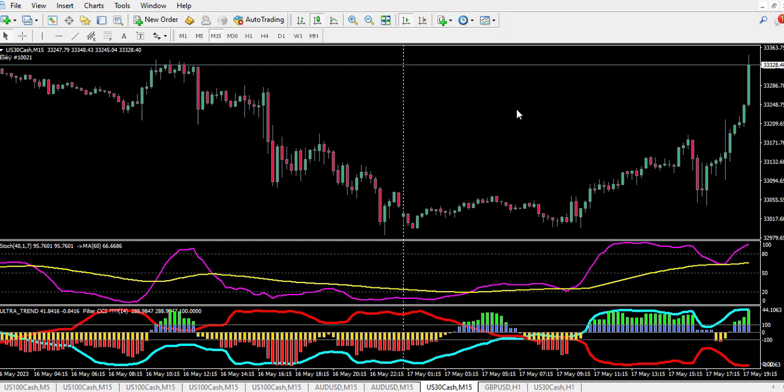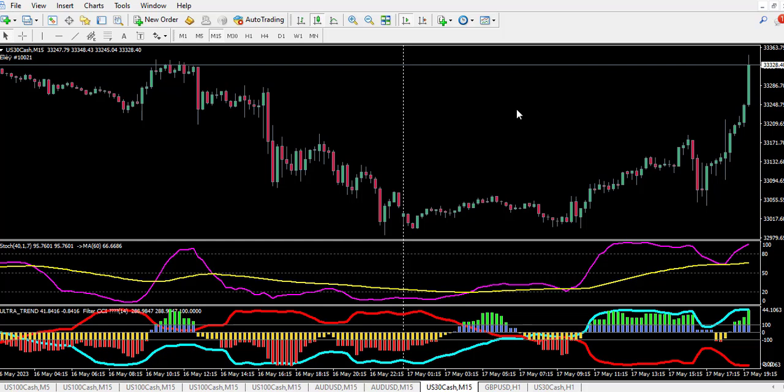And I will advise that you stay away 30 minutes before the news or 30 minutes after from any pairs that have news at that particular time. Better still, you can stay away from that currency or pairs for the whole day and trade other alternatives.